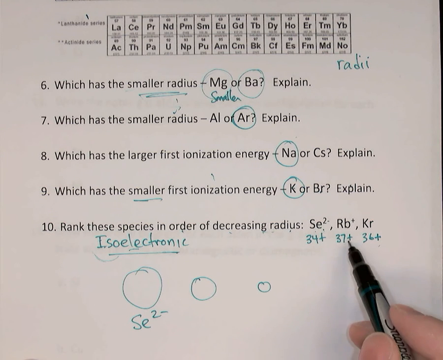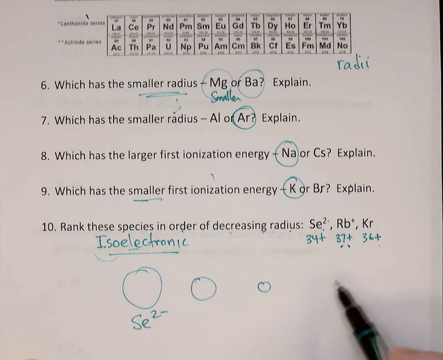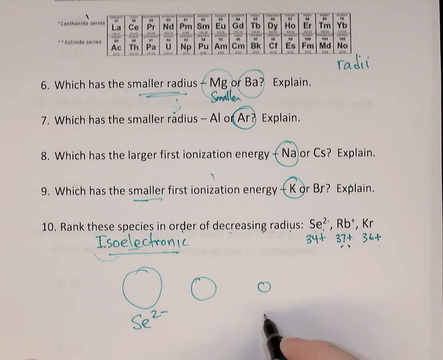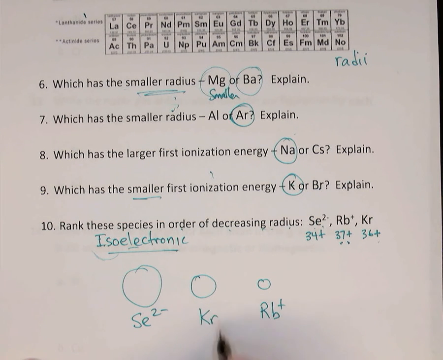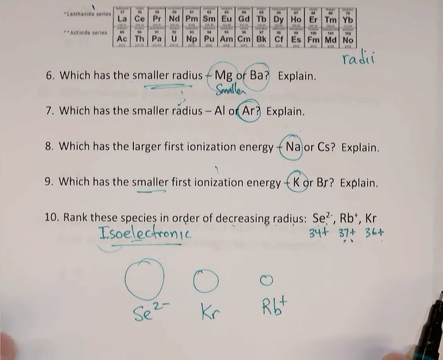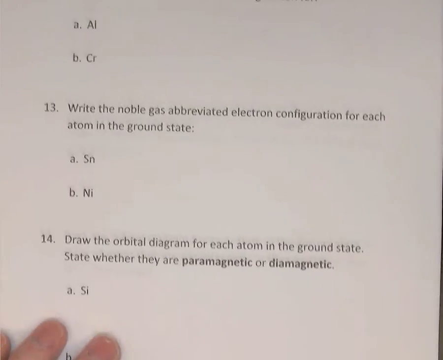The rubidium with the greatest positive charge is going to pull the electron cloud closest to the nucleus, and so it's going to result in the smallest of the three, and krypton is going to be in the middle because it has the medium number of protons. All right, so there you've got periodic trends.